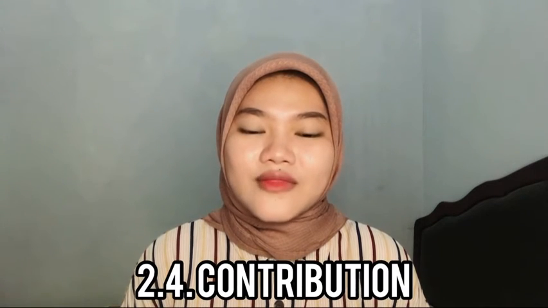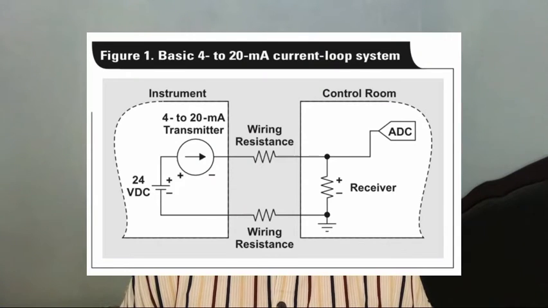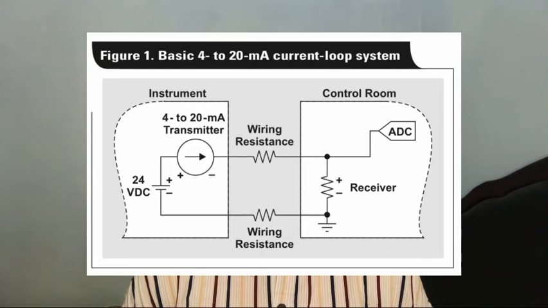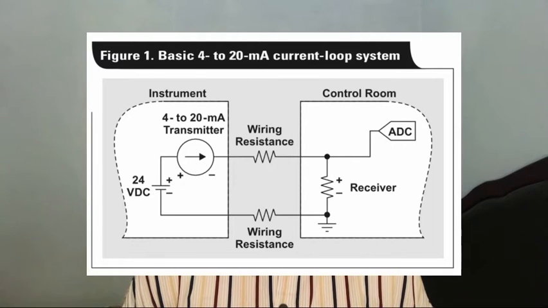So we're coming up to the last part of the introduction, which is contributions. The basics of a 4 to 20 mA current loop system, which will be shown in the next figure, provide several benefits in industrial applications. First, the current loops are simple circuits requiring only a crude power supply, a transmitter to make the measurement and source the current, a wire, and a receiver circuit.